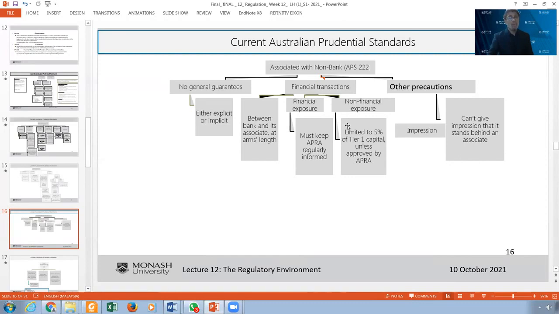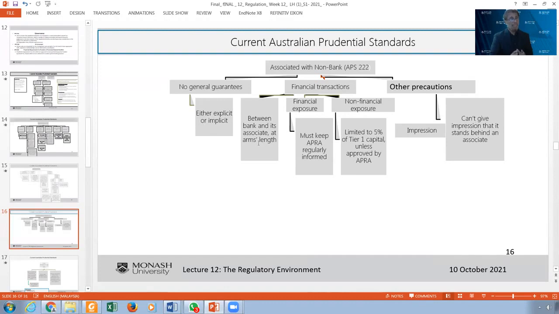The other thing is how much loans you should give to them. If you are going to give loans to your associates, you have to do it at arm's length. And arm's length means you have to deal with them independently, and the loans they have should be fully independent, which means it's arm's length.